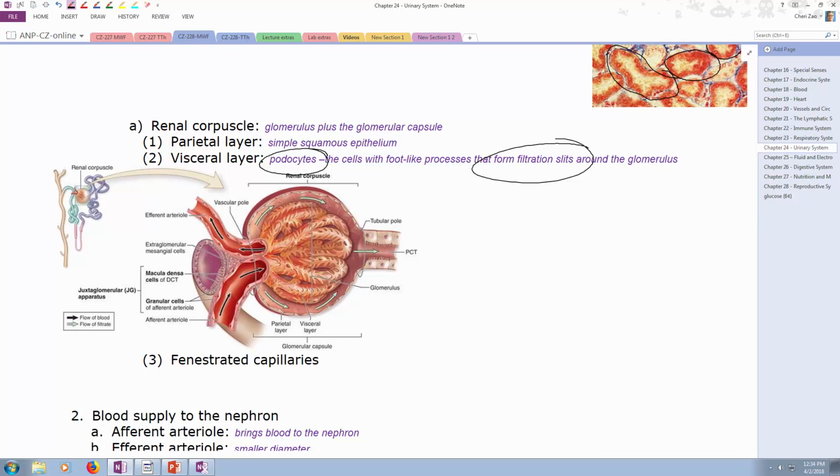And this is a system that's designed to produce a lot of filtrate, so a lot of leak. And with these guys, these capillaries are actually fenestrated. Fenestrated little windows and are leakier, allowing us to make more filtrate. Well, if you're more leaky, are you stronger or less strong?